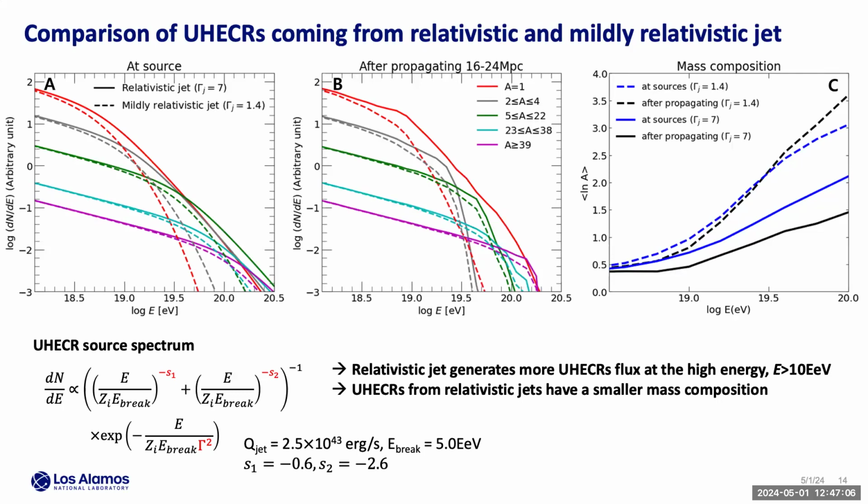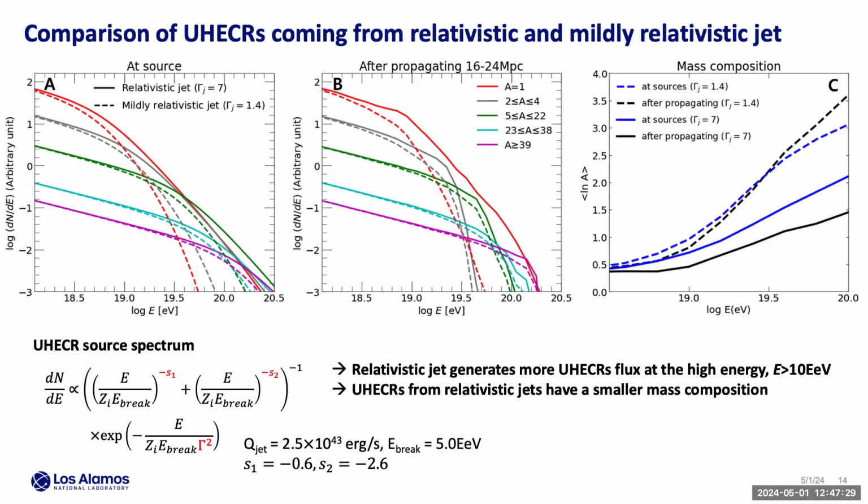The first panel shows the energy spectrum at the source, and the second panel shows the energy spectra that we observe. The solid line indicates the energy spectrum from relativistic jets, and the dashed line indicates the energy spectra generated by mildly relativistic jets.